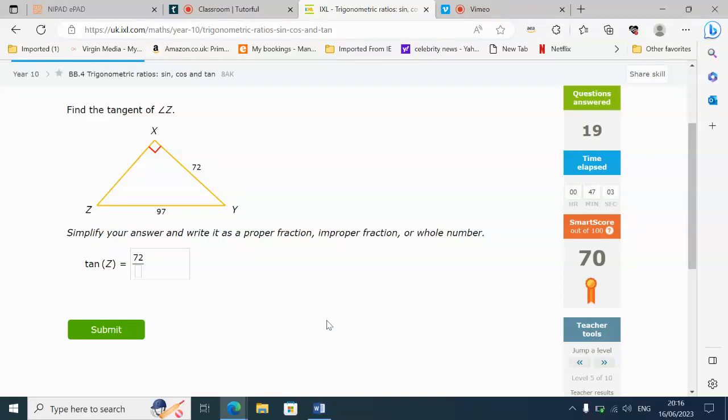So 9,409 take away 5,184 is 4,225. Okay, so find the square root of 4,225. So the square root of 4,225 is 65.